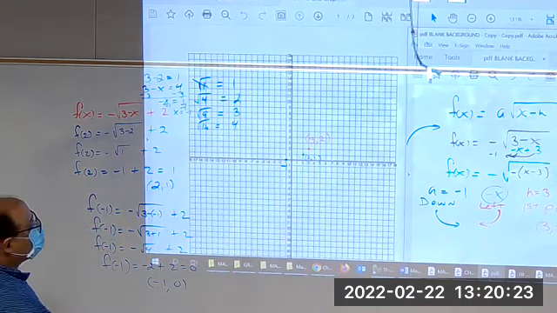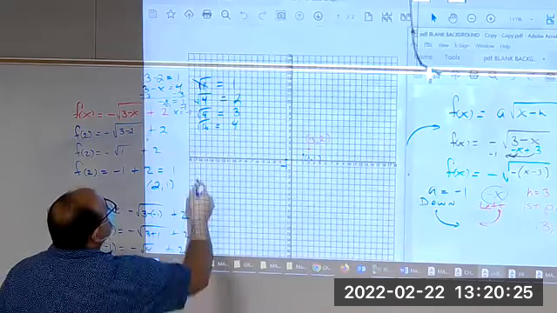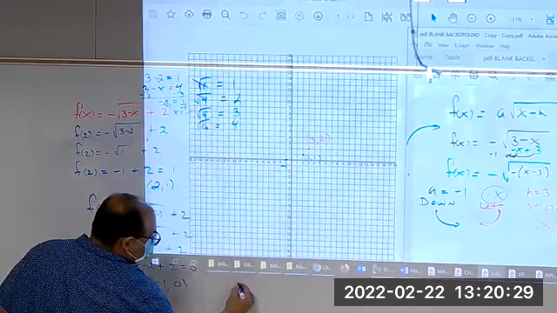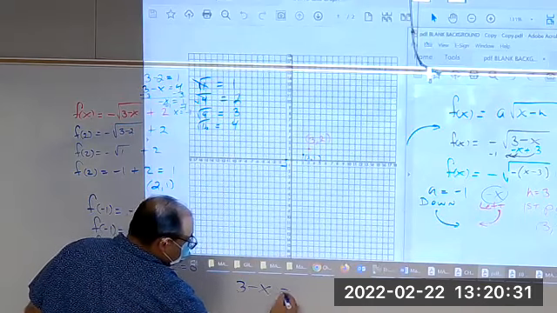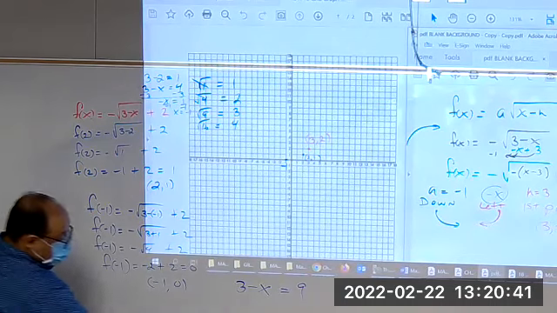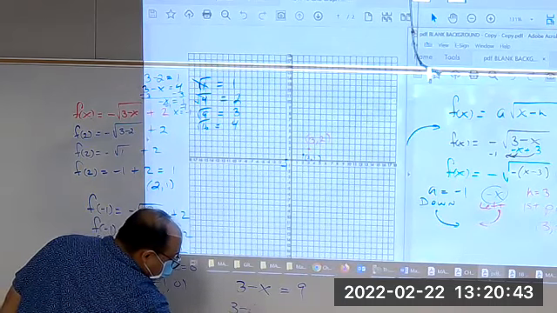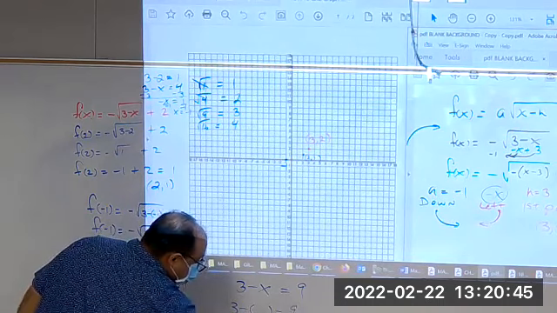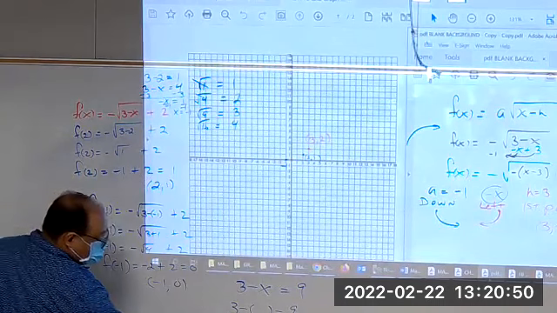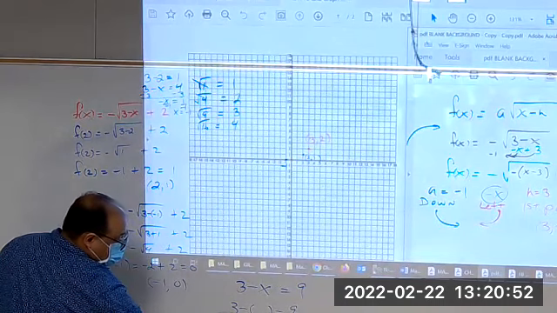We want one more nice perfect square. So we want to get a 9. 3 minus x, we want to get a 9. So what should we plug in for x? -6. Think about it. It's going to be 3 minus something to be 9. You know we're plugging in negative numbers because we're going to the left. What makes a 9? 3 plus 6.